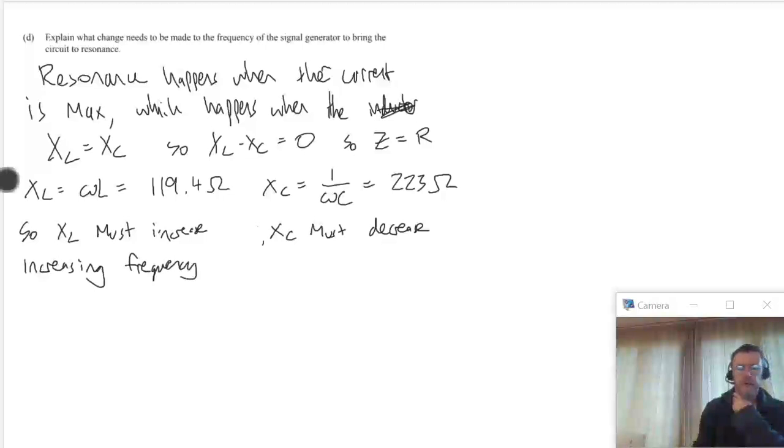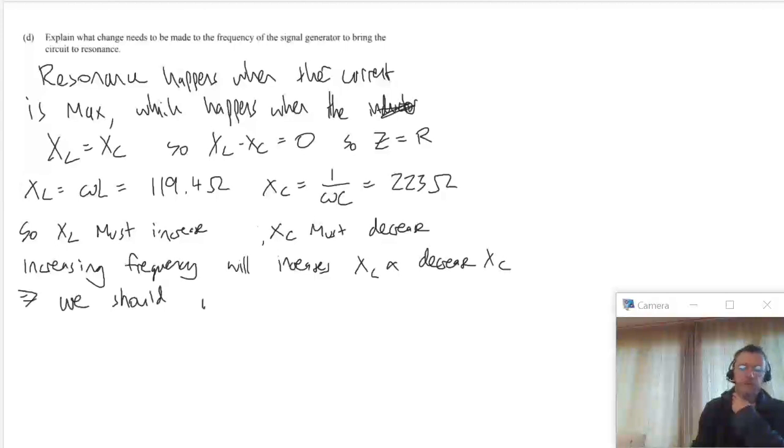Increasing omega will increase this one, increasing omega will decrease this one, will increase XL and decrease XC. Therefore, we should, is it we? I'm not sure. Increase.